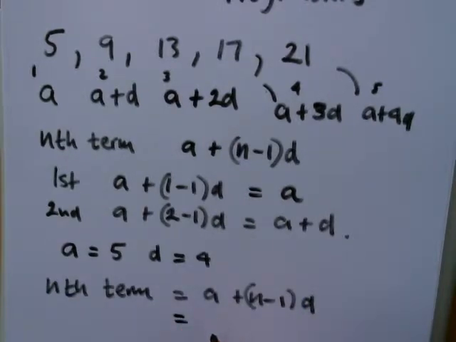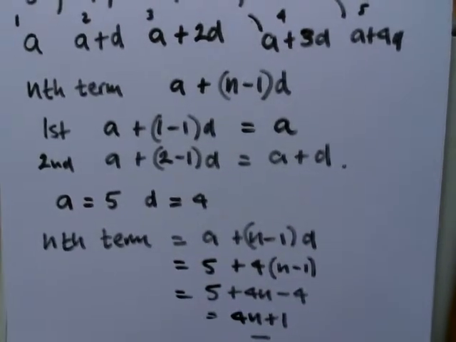So A is 5, plus 4 lots of, we'll write the 4 around the front, (n minus 1). Now the nth term will be in terms of n, but it will be 5 plus 4n minus 4, so it ends up as 4n plus 1. So that's an important term.